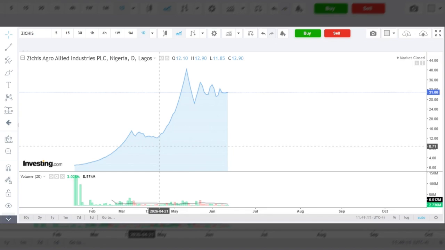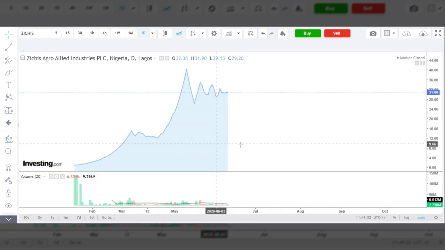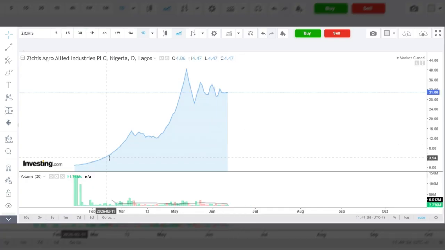I've learned so many rules on Elliott waves, so we are going to be following the Zichis stock judiciously to learn when the wave extends, continue studying the market and see how Elliott wave actually works in real time. As you can see, I've not yet brought up the candlesticks. I'll bring it up very soon.